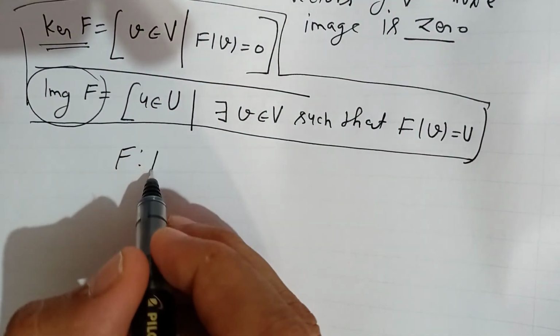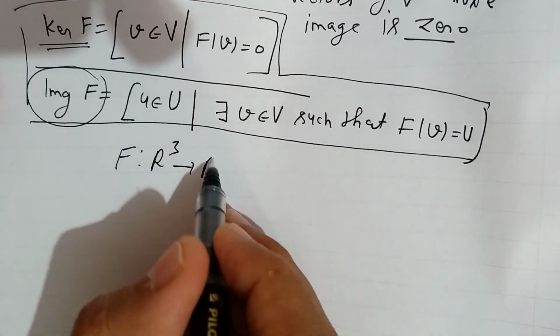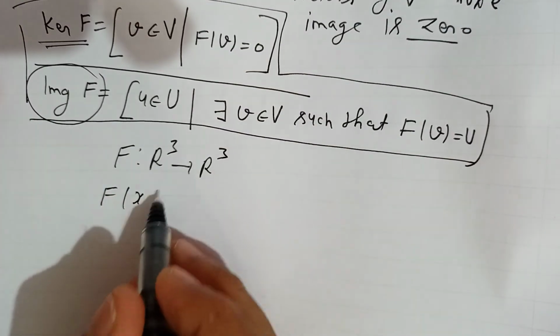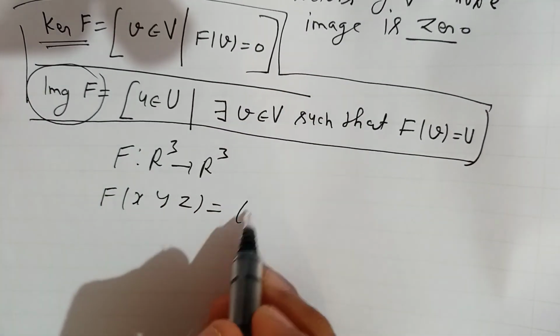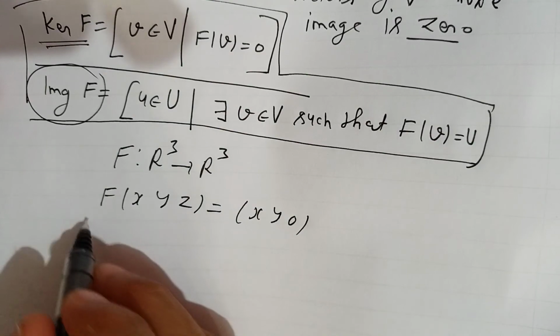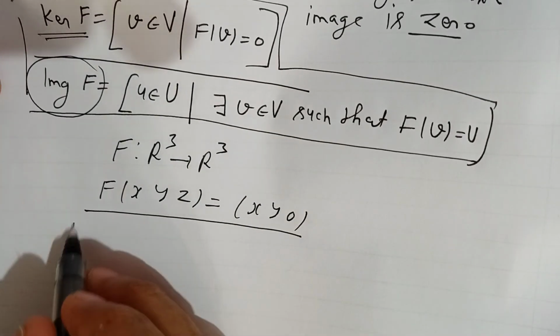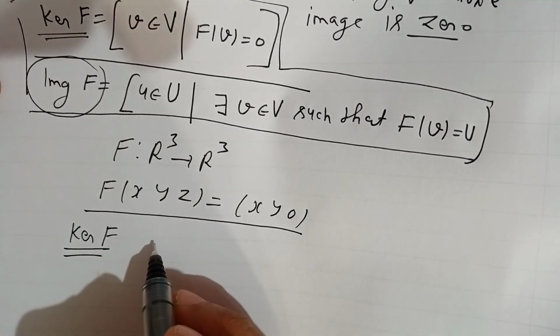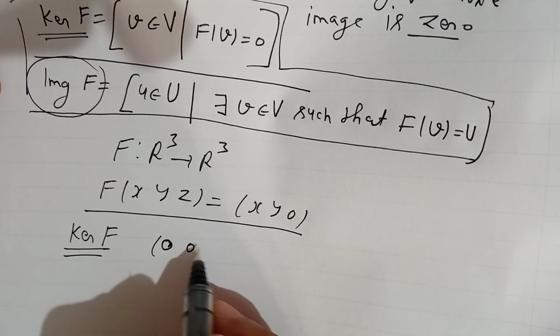f is a mapping from R^3 to R^3, defined by f of (x, y, z) equals (x, y, 0). So what is the kernel of f? Kernel of f means the set of all elements of the form (0, 0, z).